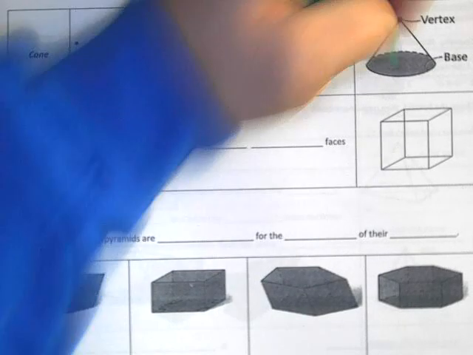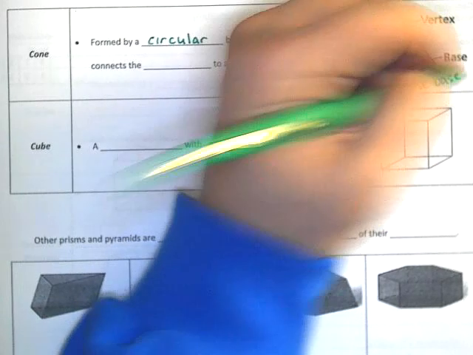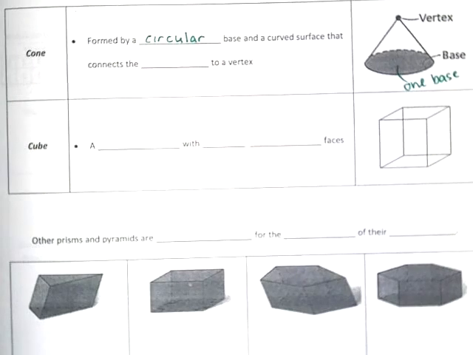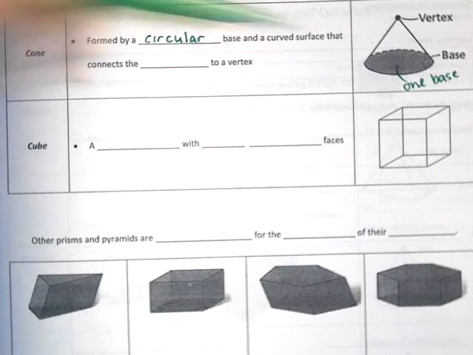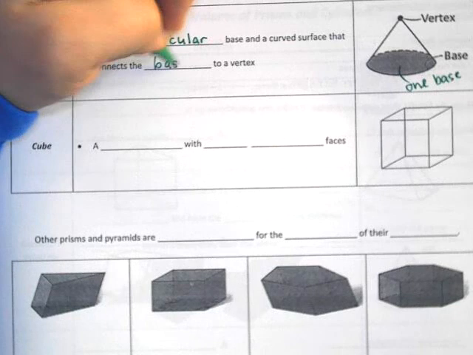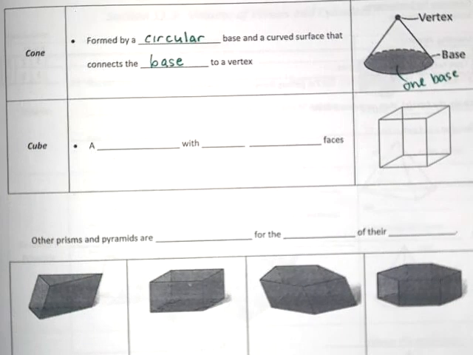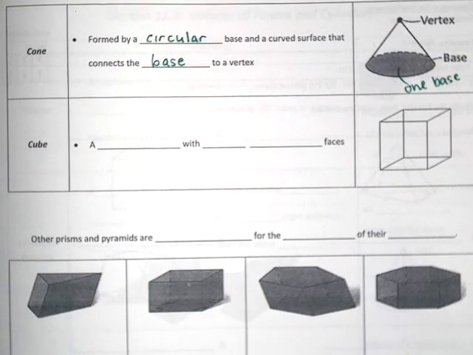There is only one base. So cones are formed by a circular base and a curved surface that connects the base to a vertex. I would say cones are pretty straightforward. I mean, we have ice cream cones. A lot of you have probably seen cones before, so they're probably a little bit easier to recognize.